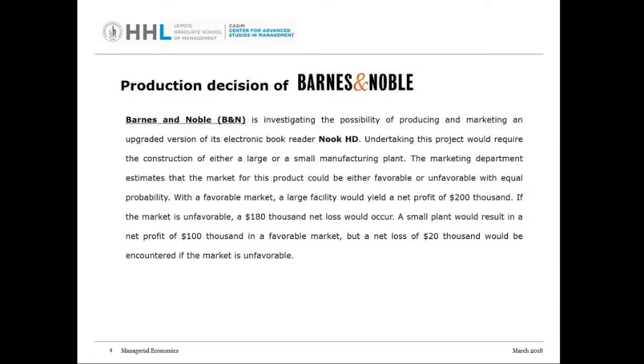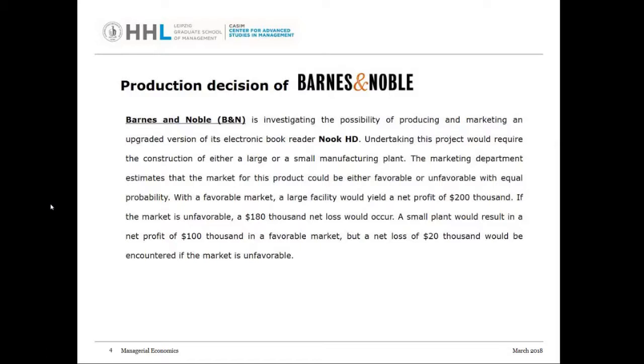And their decision will depend on some uncertainty. As is usual, you don't know what will happen in the future. You have some guess or estimate of the market. It might be, in this simplified scenario, a favorable market or an unfavorable market, and depending on the choice of the plant, a big one will be very profitable in a favorable market.